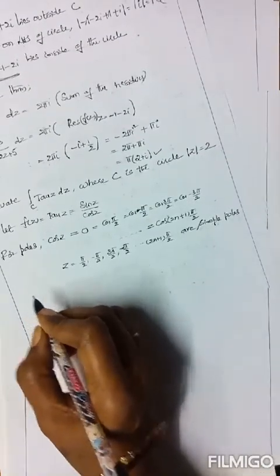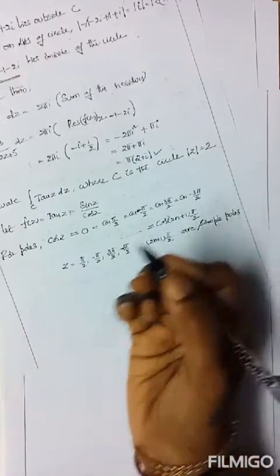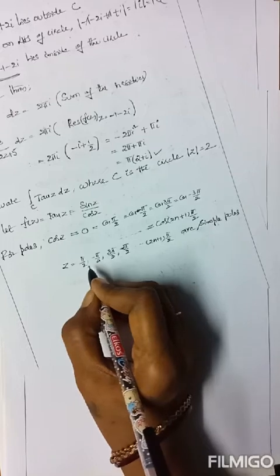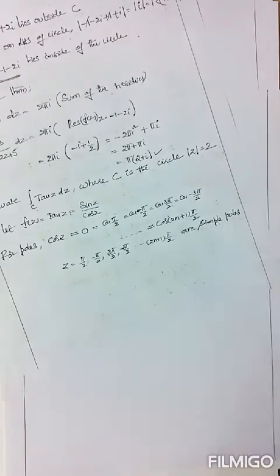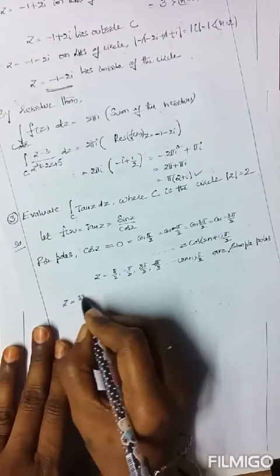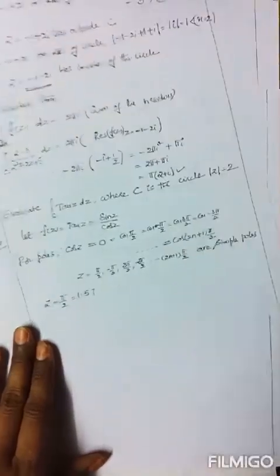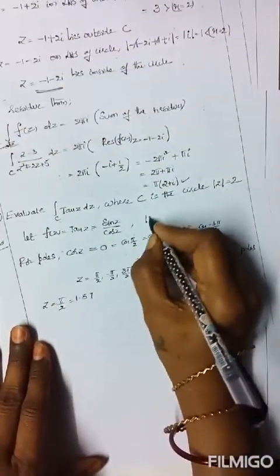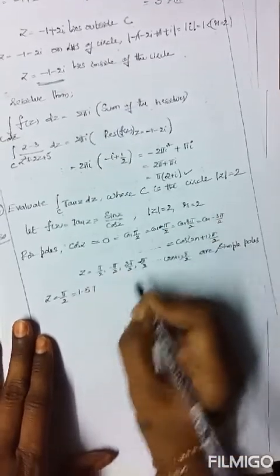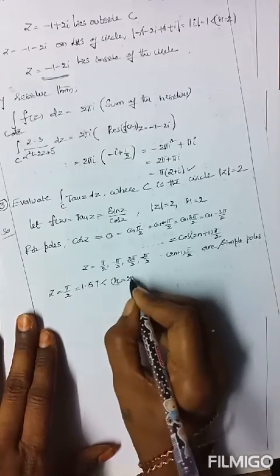Next, we have to verify whether those points lie inside of the circle or not. Now z equal to pi by 2 has value 1.57, which is the modulus. The equation of the circle is r equal to 2, and 1.57 is less than the radius r equal to 2.